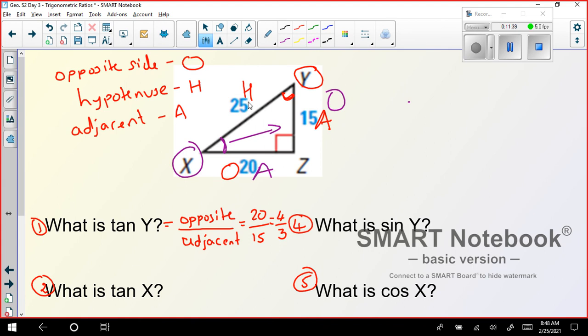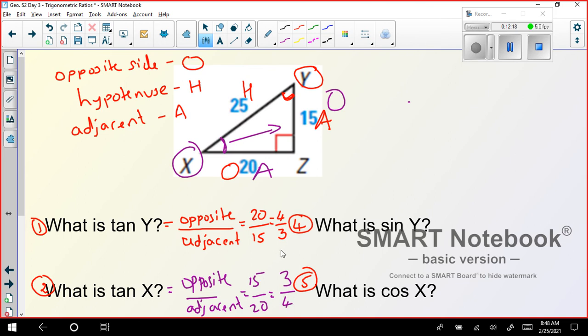So let me substitute here. Same formula. It is going to be opposite over adjacent. So the opposite side here is 15 and the adjacent side is XZ, which is 20, which is nothing but 3 over 4 if I simplify further.